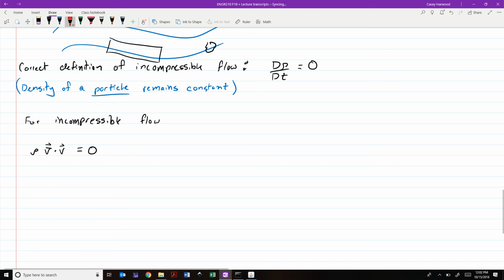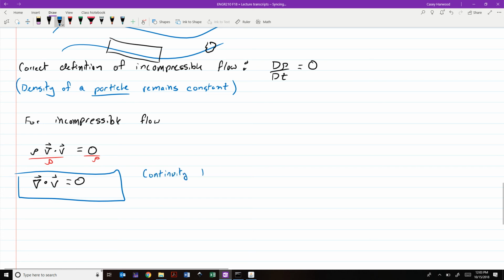We can divide through by rho, and we end up with this expression right here. So this is now the continuity equation for incompressible flow.